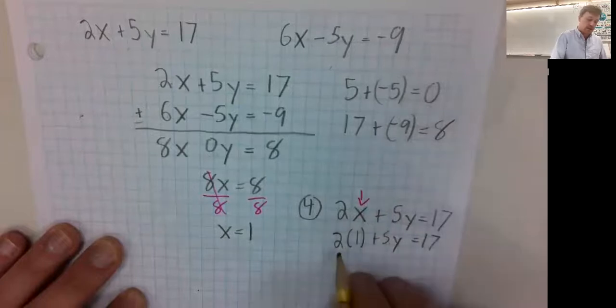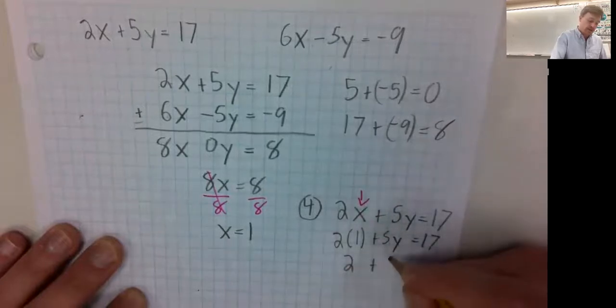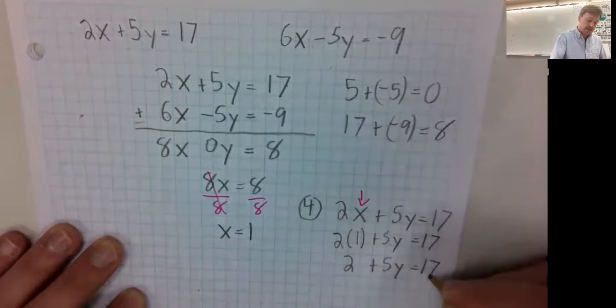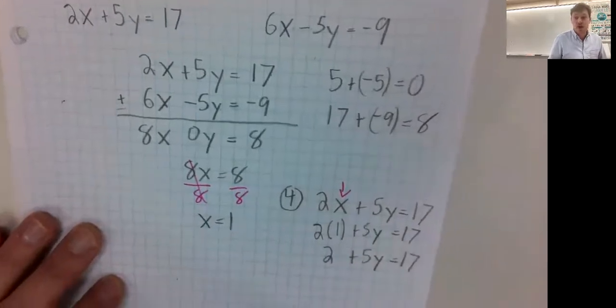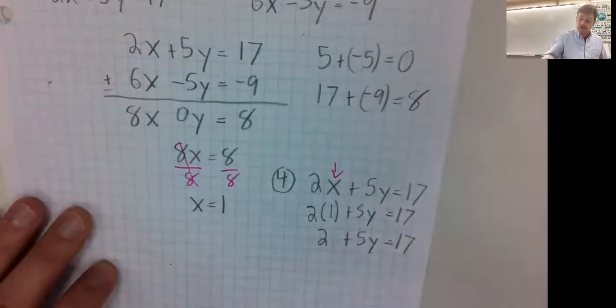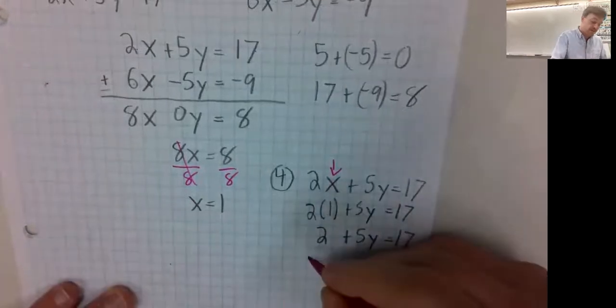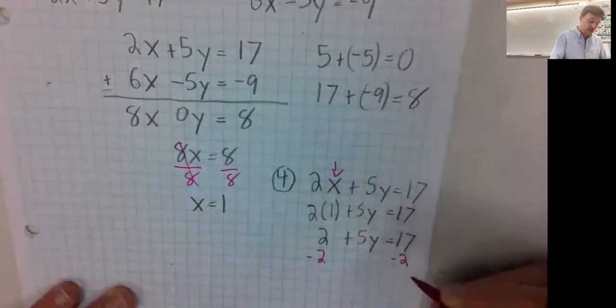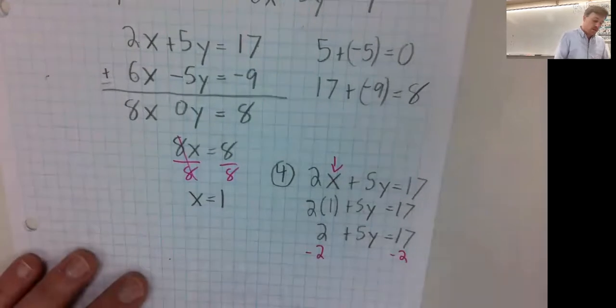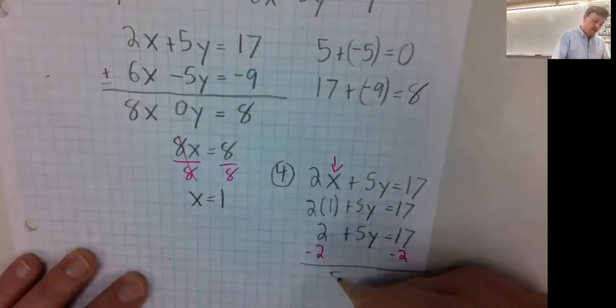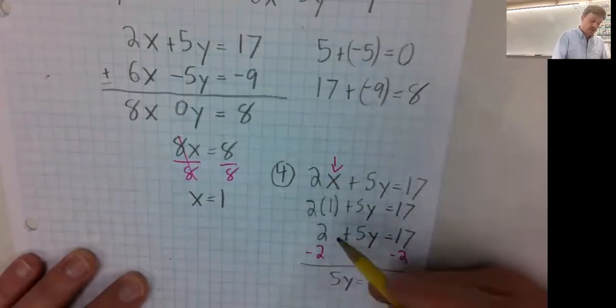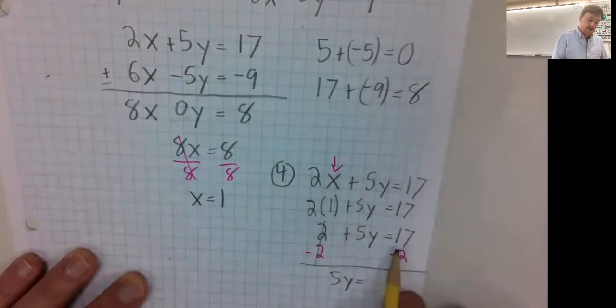Let's clean this up. 2 times 1 is 2 plus 5y equals 17. Now I'm just solving for an unknown using SAD-MEG. I'm going to take 2 away from each side first, because that's what SAD-MEG calls for. My 2's dropped out. I'm left with 5y. 17 minus 2 is 15.